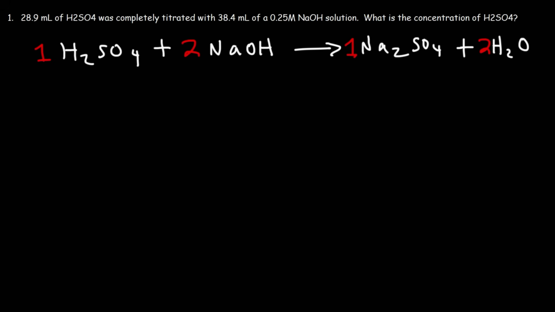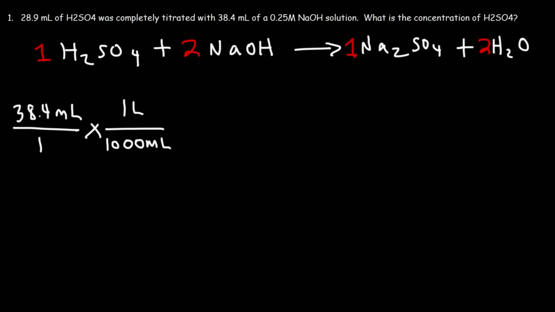Well, let's start with the other substance, that is sodium hydroxide. Let's start with the volume of the NaOH solution. So we have 38.4 milliliters of sodium hydroxide. And let's convert that to liters. 1 liter is equal to 1,000 milliliters. Now the next thing we need to do is use the molarity of the solution to convert liters to moles.